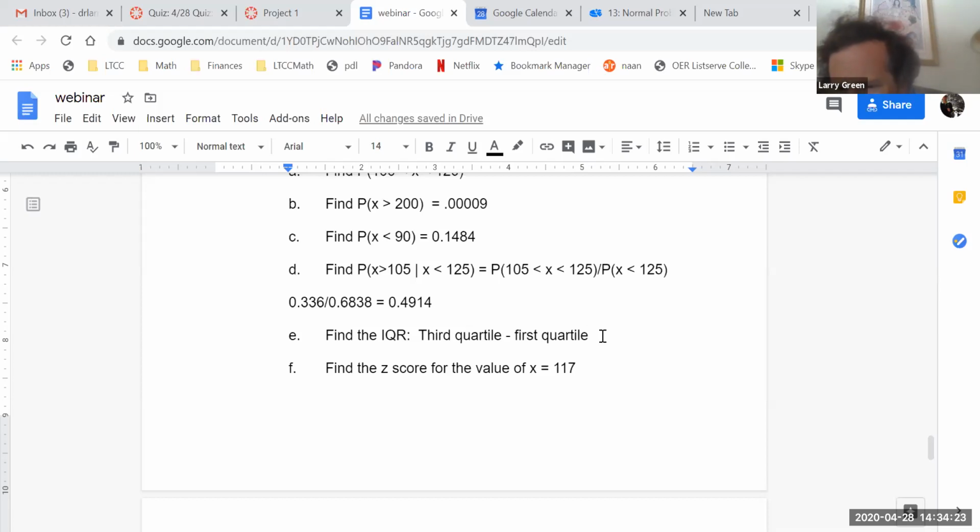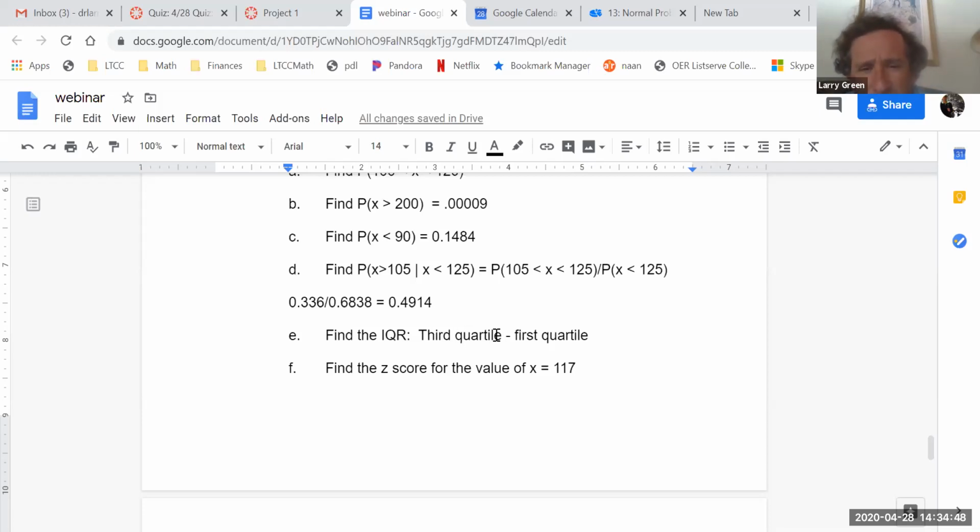Q2 plus Q3? No, it's Q3 minus Q1. It's definitely not Q2 plus Q3. Yeah, it's Q3 minus Q1. Okay, so that's just a formula. That's nothing fancy. That's just a definition.